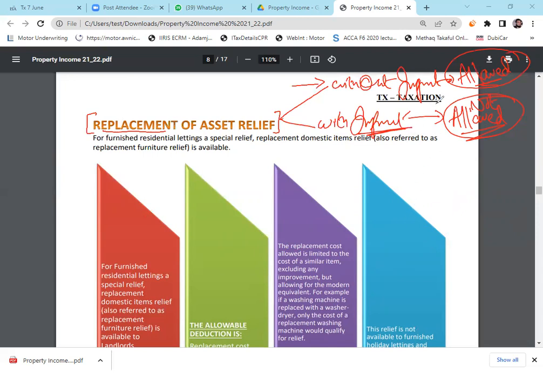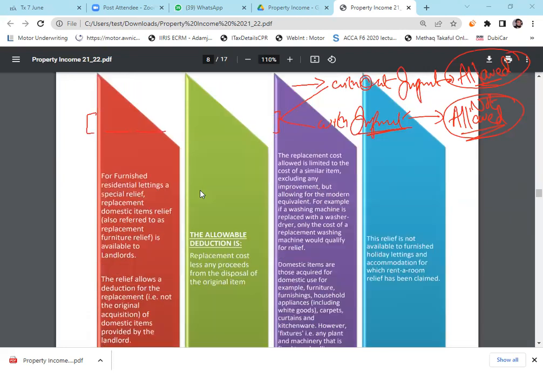But if it is without improvement, it is like versus like. You give your same asset, you replace it with the same asset, same category, then it will be an allowed expense. And what amount will it be allowed? So the formula is here.